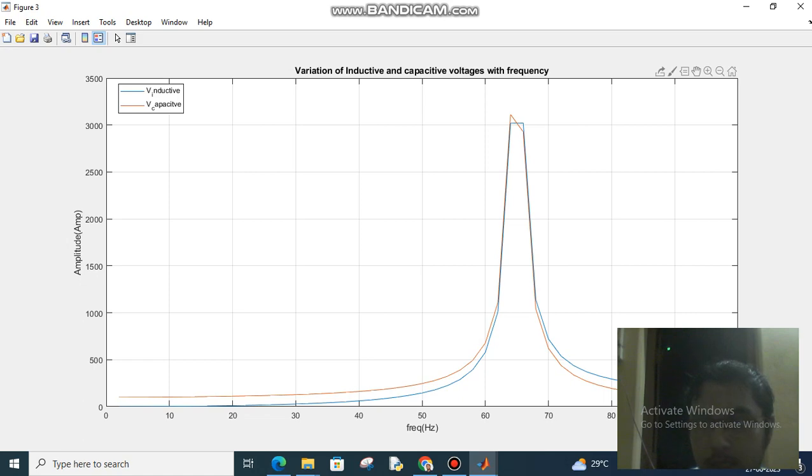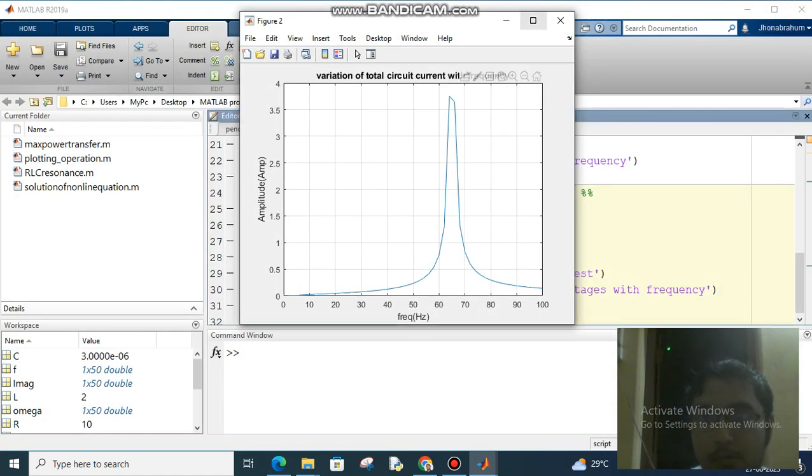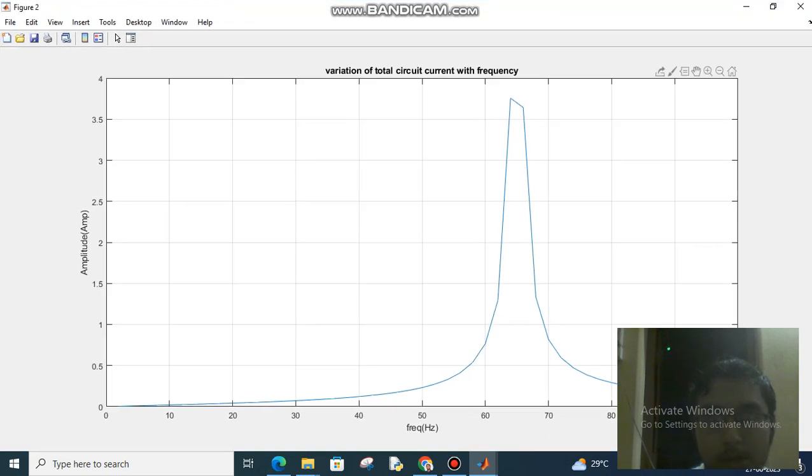If I look at the second plot, you can check the variation of total circuit current with respect to frequency.